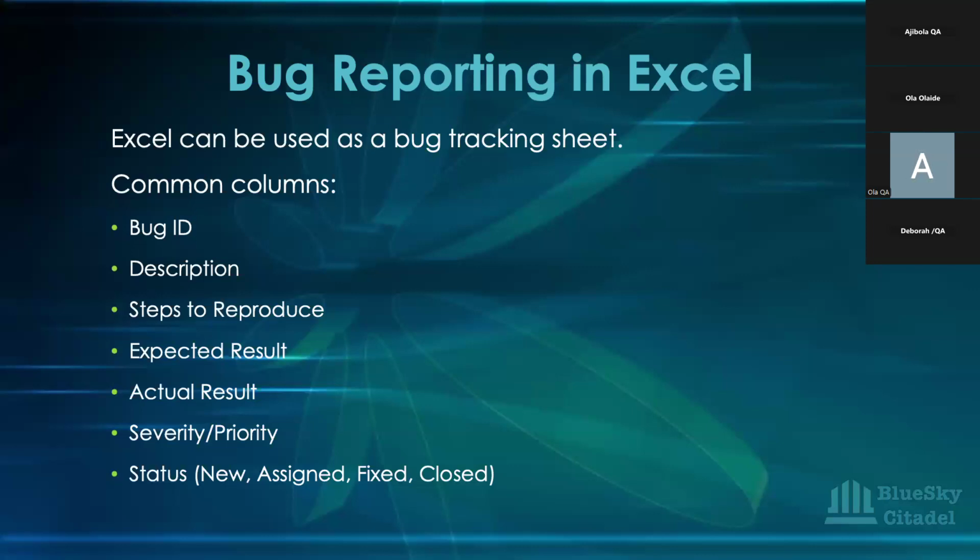Another one is steps to reproduce. You need to put the steps to reproduce that issue. Oh, I log into the website, I put in my username, I put in my valid email address. And when you put the steps to reproduce, also put the actual credentials you used.